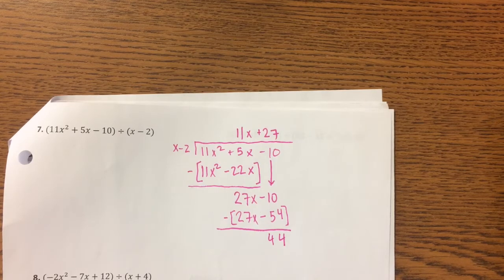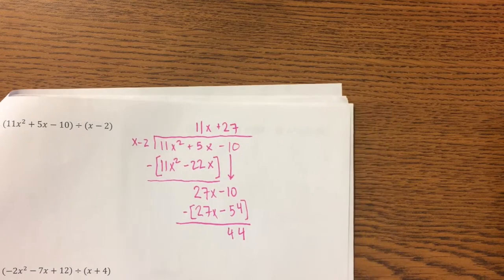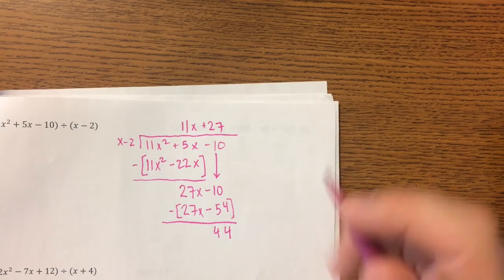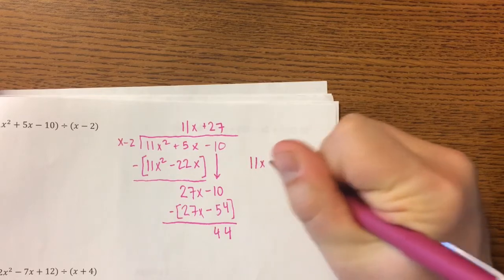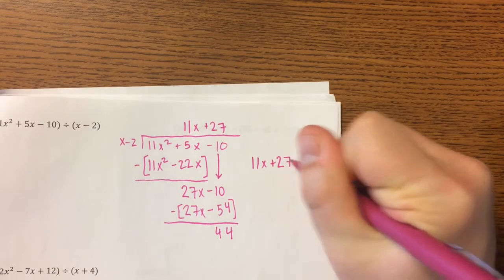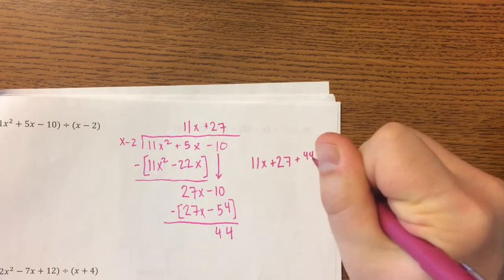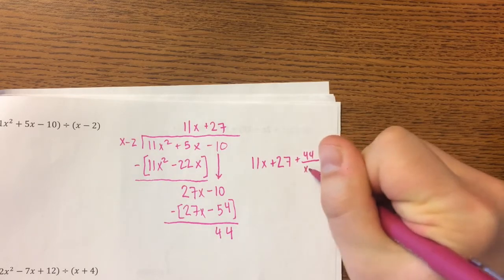Negative 10 minus negative 54. All right, so once we get down to that last digit, we're done. We just need to write our answer here. So my final answer is going to be 11x plus 27 plus 44 over what? Good.